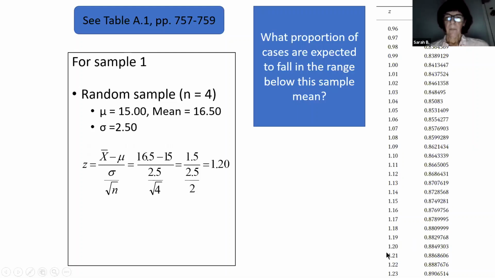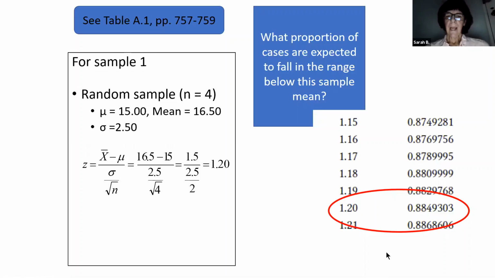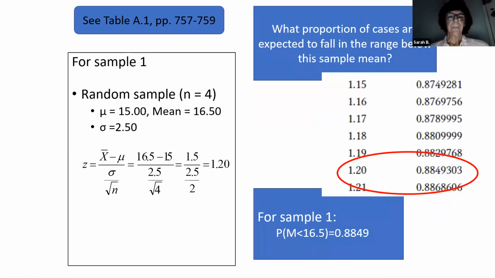But you find the 1.2, and I just kind of truncated some of the distributions so you can see the bigger numbers, and the 1.2 corresponds to 0.8849. So the answer to our question is that for this sample, the proportion lying below this sample mean is 0.8849 or 88.49% of the distribution.